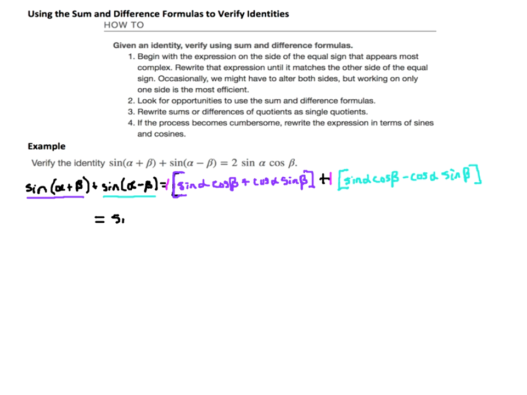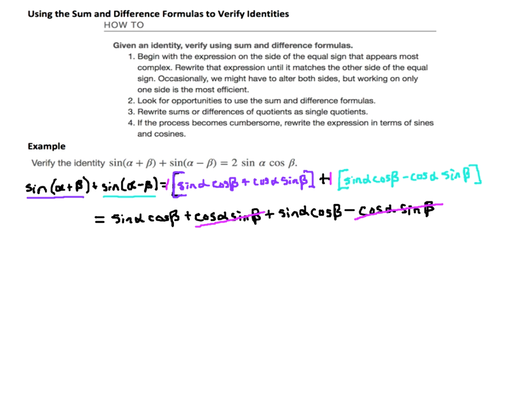So really what I have is sine alpha cosine beta plus cosine alpha sine beta plus sine alpha cosine beta minus cosine alpha sine beta. Notice that I have positive cosine alpha sine beta and negative cosine alpha sine beta. So those are opposites.